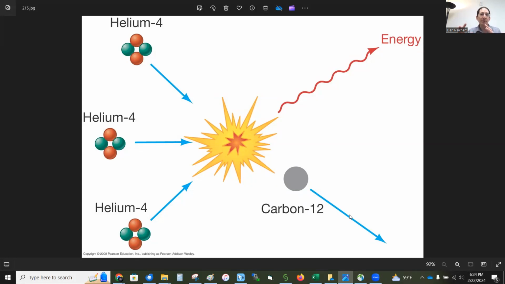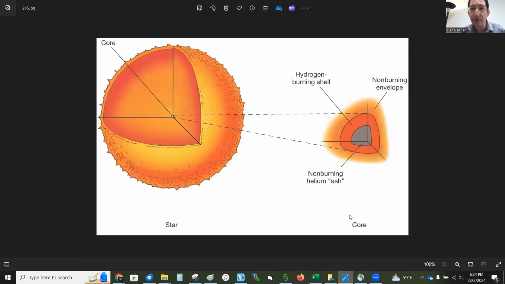So for a long time here, the core wasn't producing energy, but all of a sudden it turns on again. So it's going to be the whole process in reverse. Now that core is producing energy. It's going to expand. It's going to take that surrounding hydrogen burning shell, spread it real thin, make it bigger and spread it thin, and the reaction rate goes down so it can no longer poof up the outer layers.